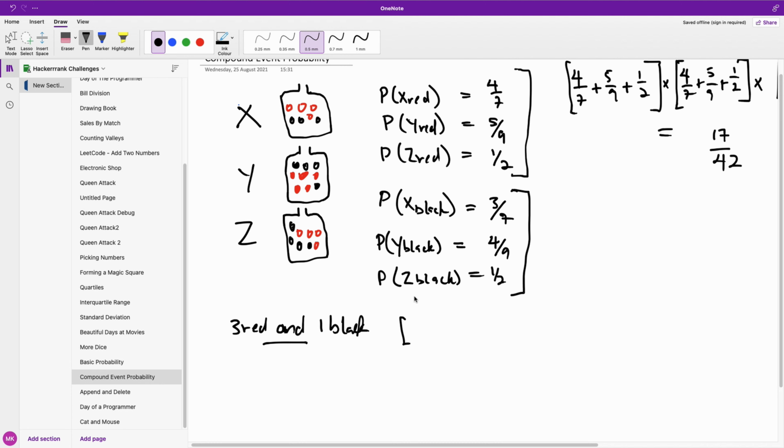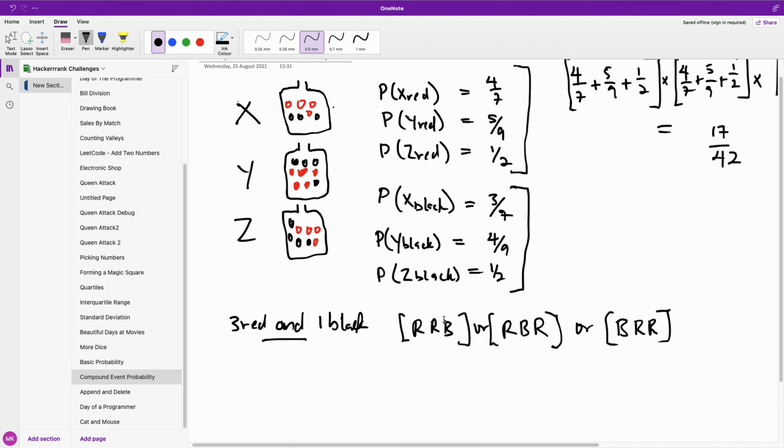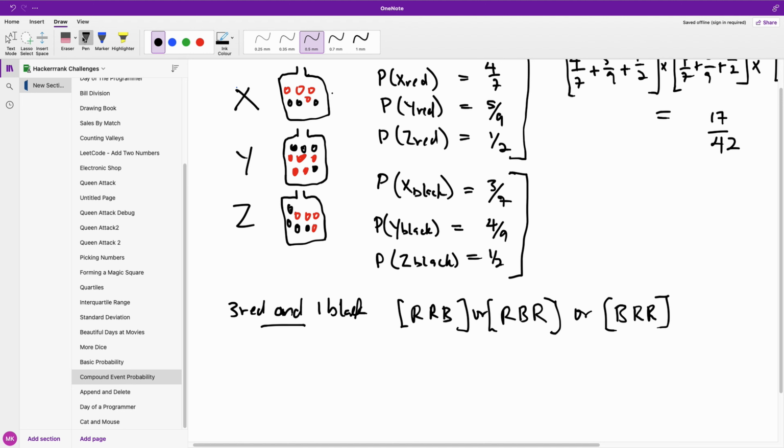So it's going to be red, red, black, or red, black, red, or black, red, red. So this is another way to solve it. If you take some of these probabilities, it's also going to give you the result. So let me just lay it out so that we continue from there.